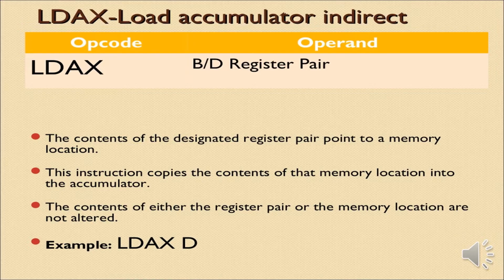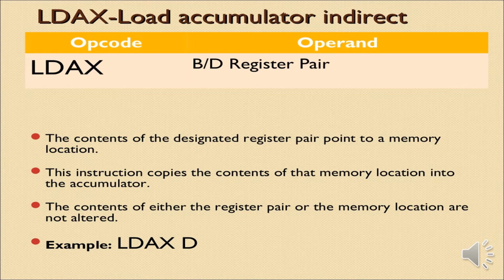Another one, LDAX. LDA is a direct instruction with the address, but LDAX is load accumulator indirect. So the opcode is LDAX, and the operand is a B register pair or D register pair.